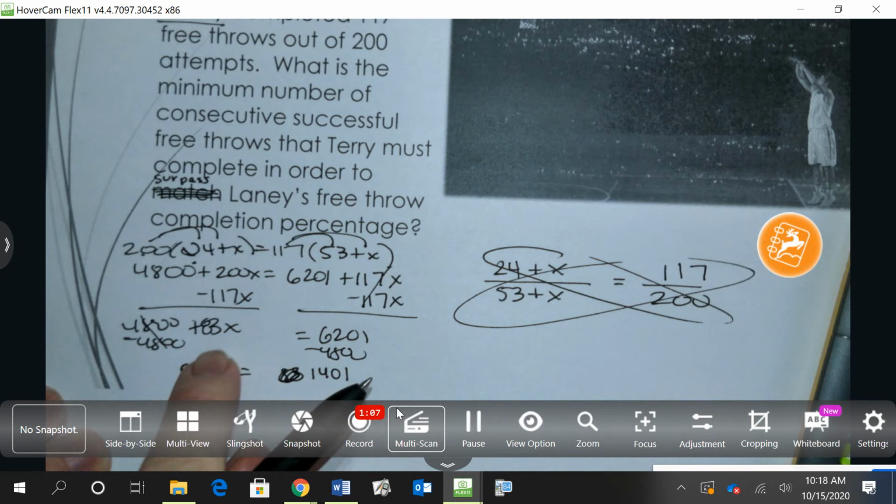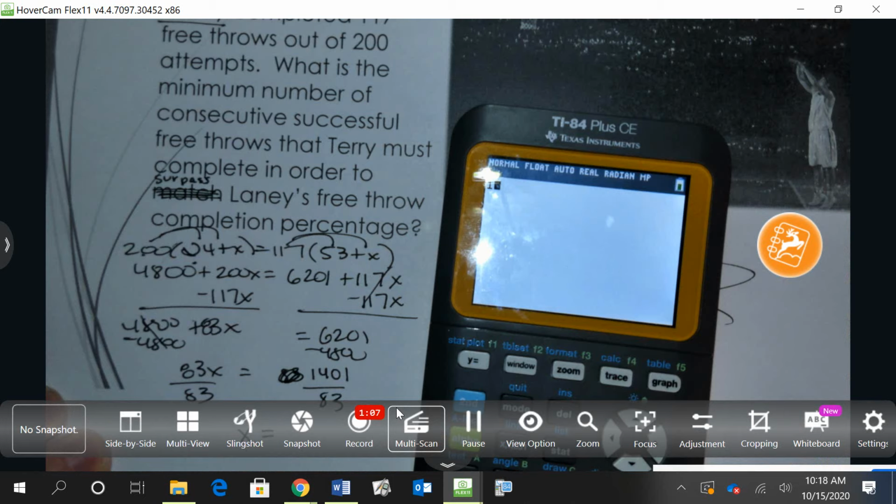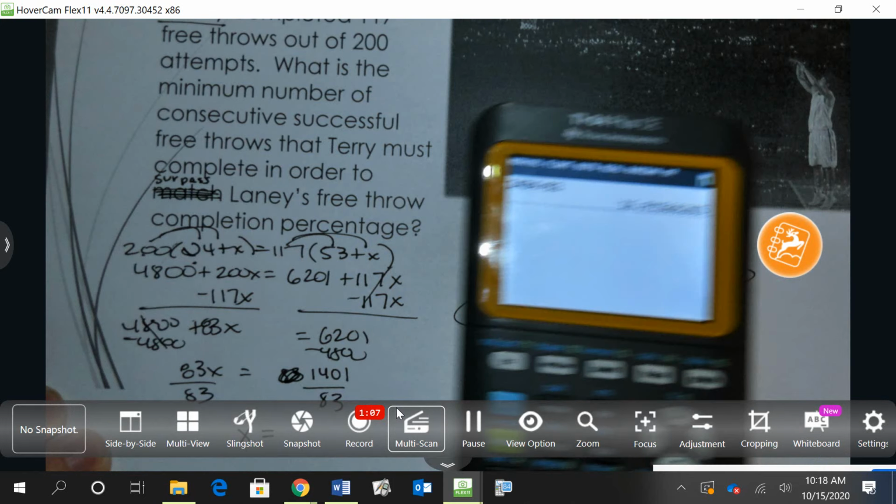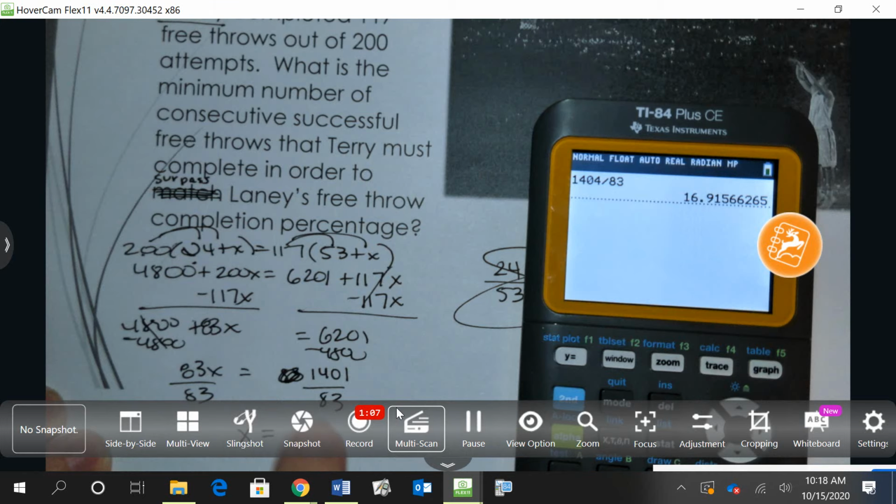Now again, let's do this. 1401 divided by 83. I come up with, oh, and I didn't even type it in.